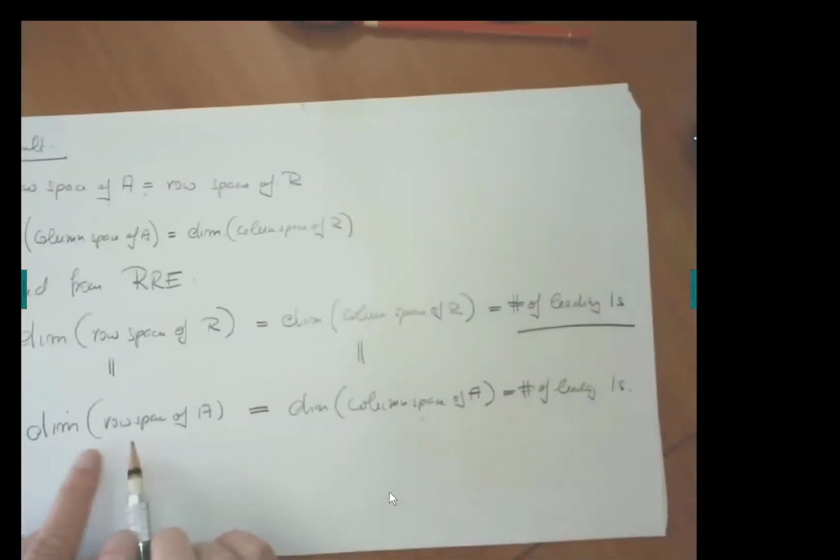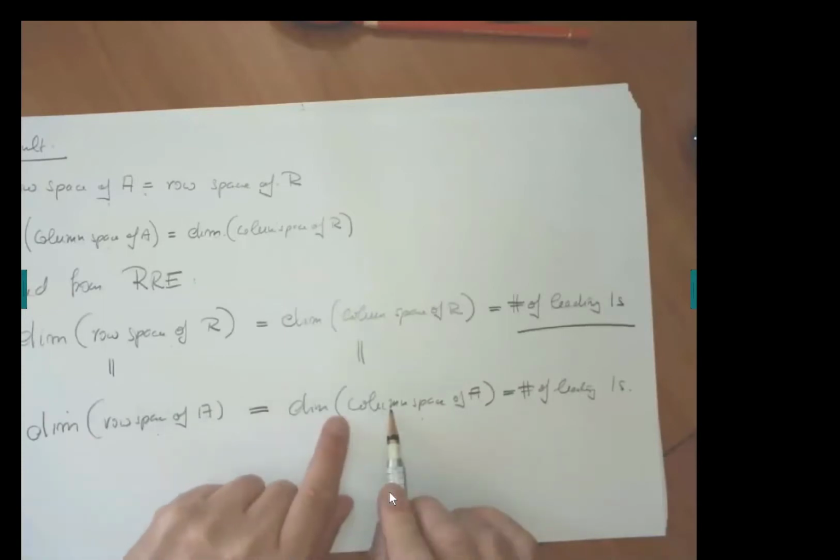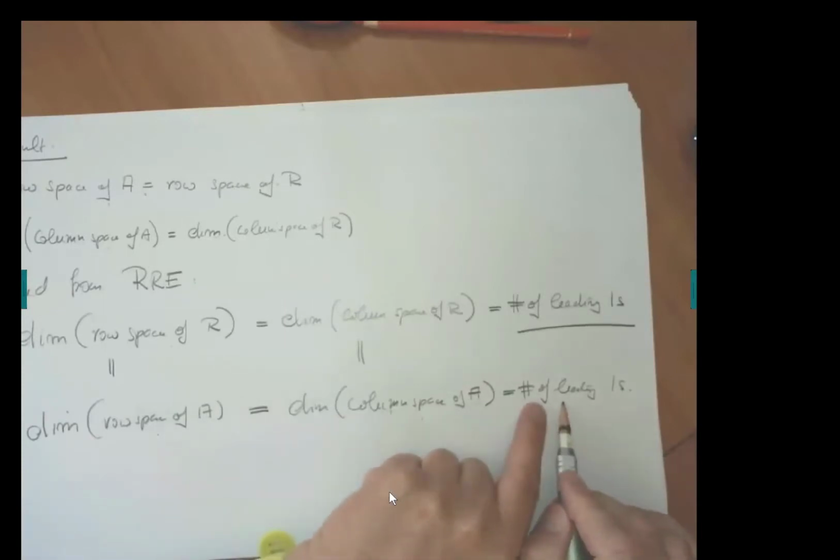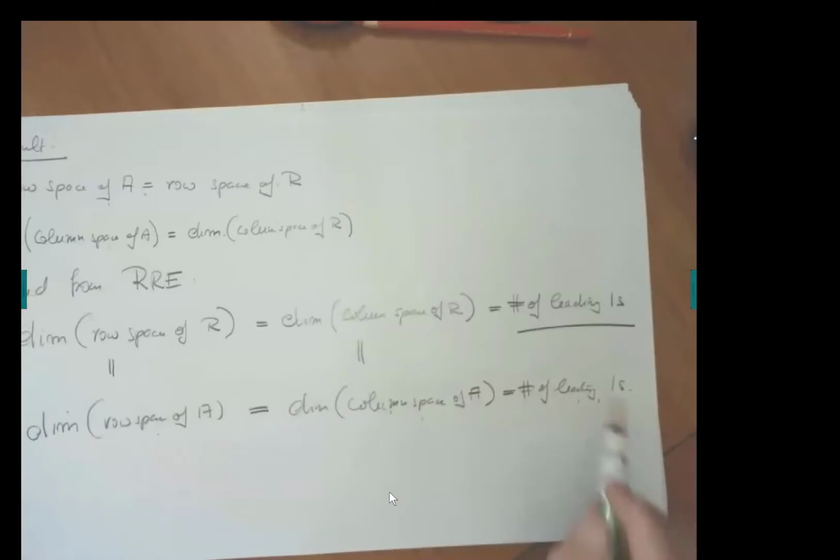And after this, that will be tomorrow. Based on this result, we now do some calculations about the row space, the dimension of the row space, and the dimension of the column space. This magic number, the number of leading ones, which is also the dimension of the row space and the number of columns dimension, gets a name. For every matrix you can find it by reducing to echelon form.